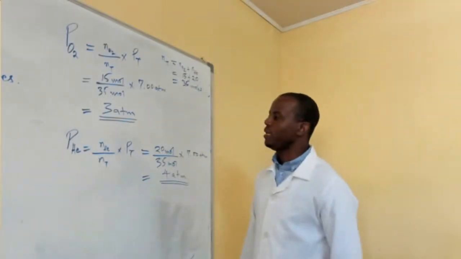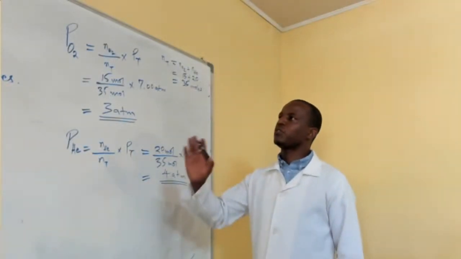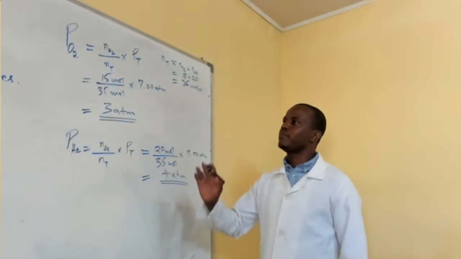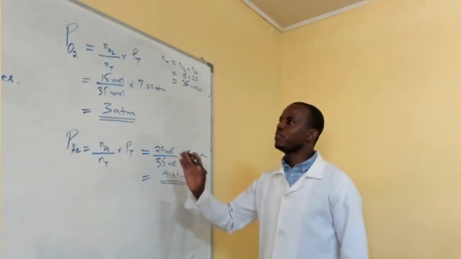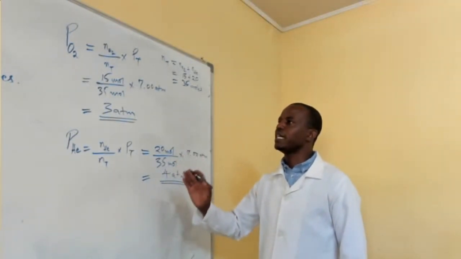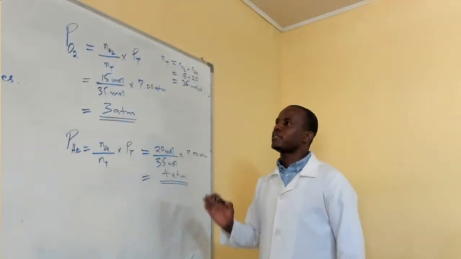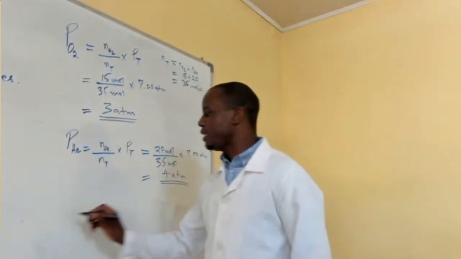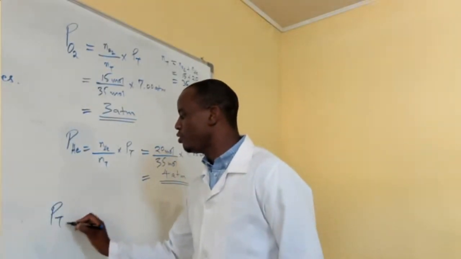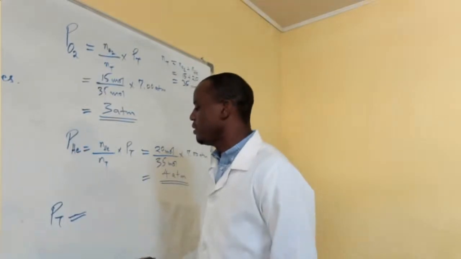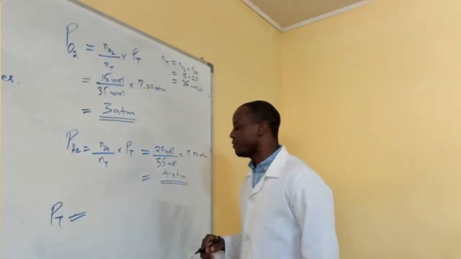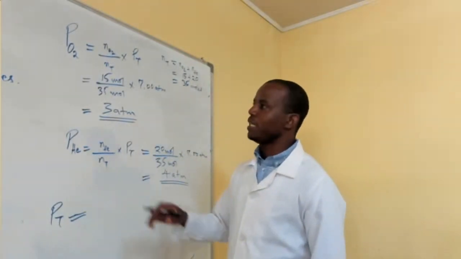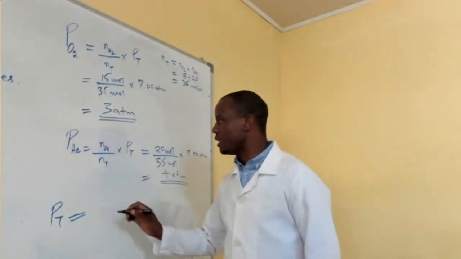Okay, so again, Dalton's law of partial pressures demands that the sum of the partial pressures of the gases in the mixture must sum up to the total. We can check from our calculations: we should get a total of 7.0 atmospheres.